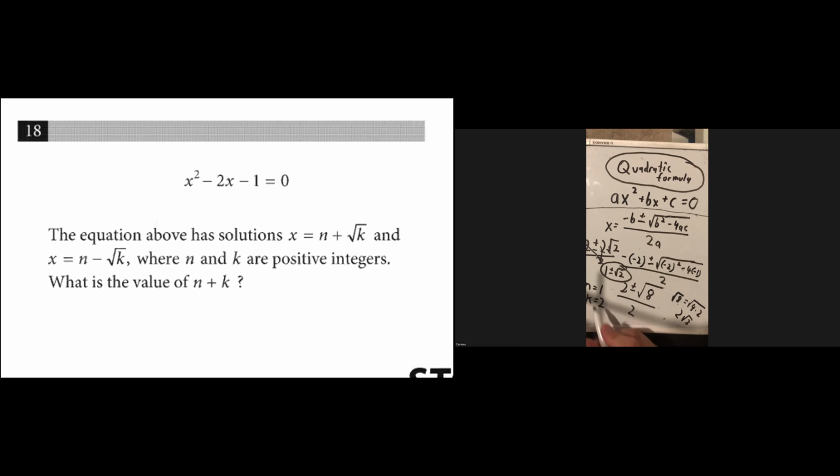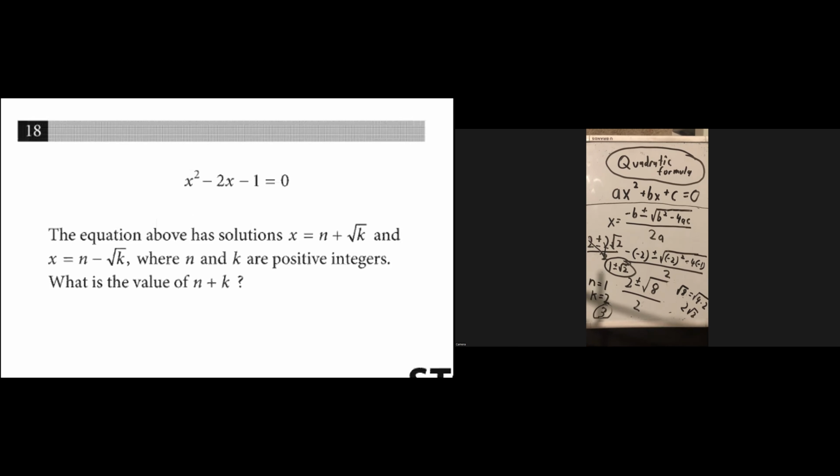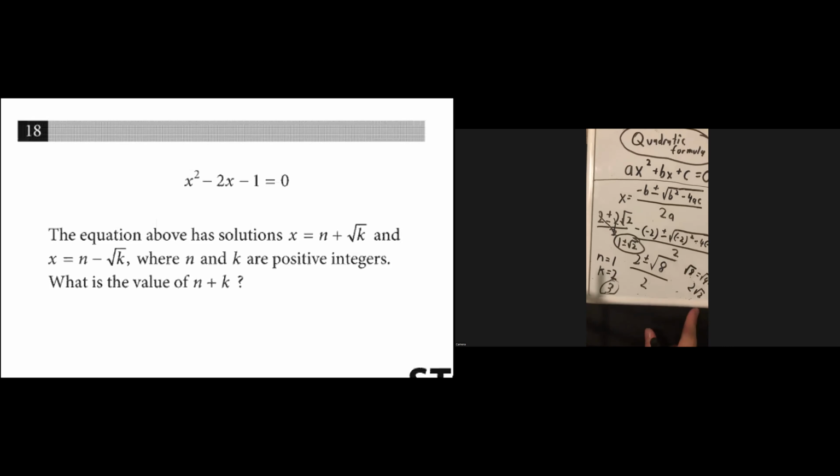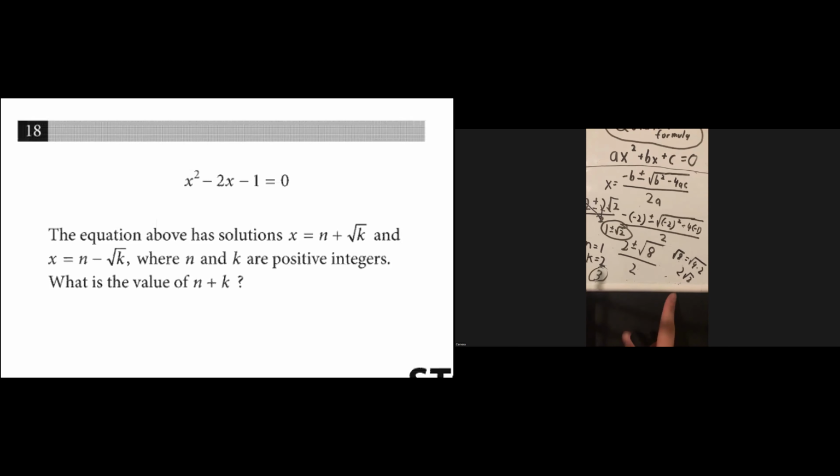Which is n plus k, 1 plus 2 is 3. So the answer is 3. This was one of the longer questions, if I'm being honest. The correct answer for this is 3.